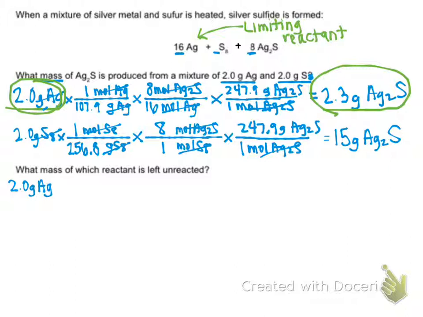So again, take it to moles. Once you get it to moles, we're going to use our mole conversion. We're going to be going from moles Ag to moles S8.